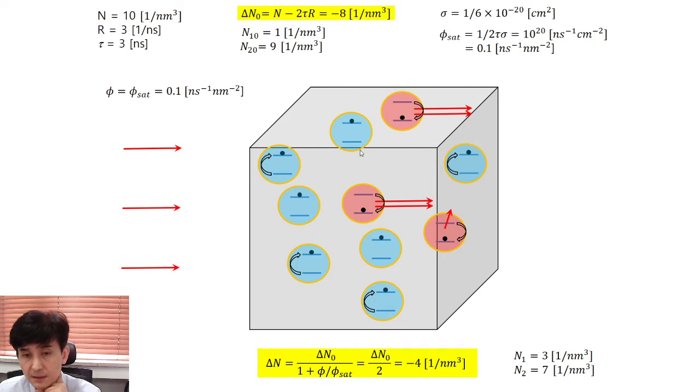So I represented this with 3 ground state atoms, n1 equal to 3, and 7 excited state atoms, n2 equal to 7. And this one represents the collision of a photon and an excited state atom. So we have 2 photons coming out due to the stimulated emission, and this represents spontaneous emission of photons.